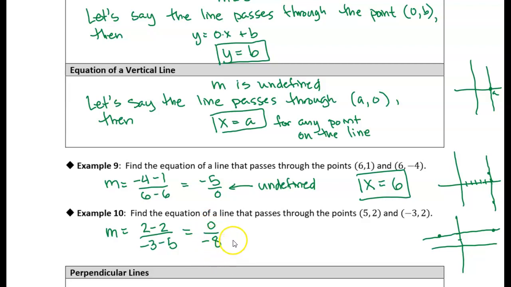And that's just 0. So just remember that if you have a slope of 0, what you have is a horizontal line. And so the equation of that line is just the y value of the 2 points. So it's just going to be y equals 2, because everywhere along that line, y is equal to 2. All right? So that's it. That's the answer.